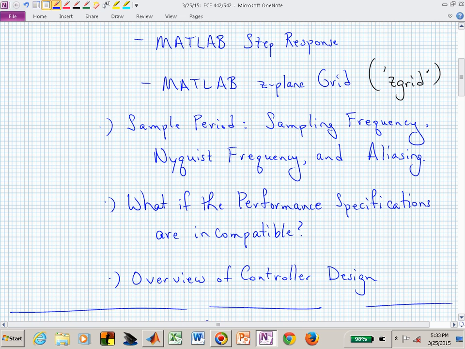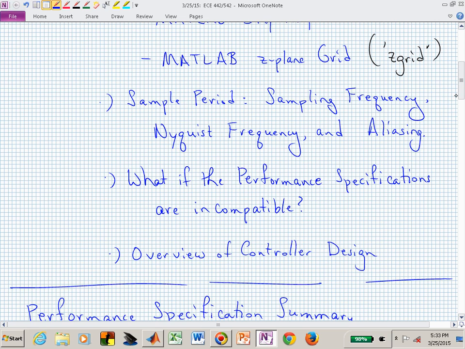Then we'll look at an example where maybe the performance specifications are incompatible or inconsistent, meaning you might be given a percent overshoot spec, a settling time spec, and a peak time spec, and those three may not be compatible together simultaneously, and we may have to then constrain one more than the others in order to make the three work together.